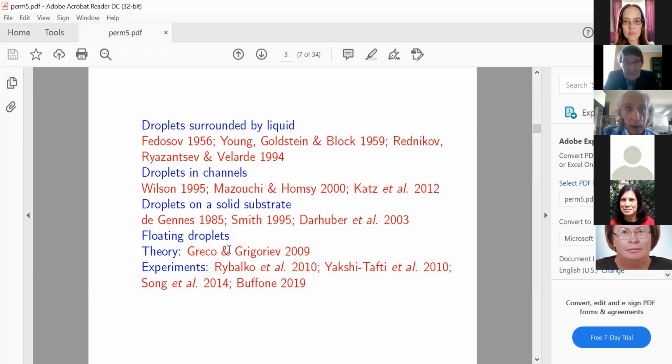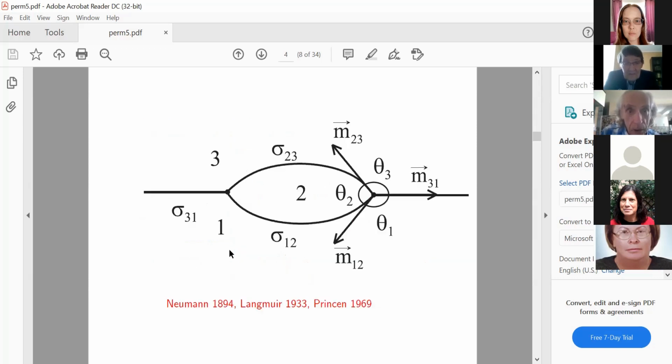Okay, so what is our goal? We consider a droplet of liquid 2 sandwiched between two media, two fluids, 1 and 3.